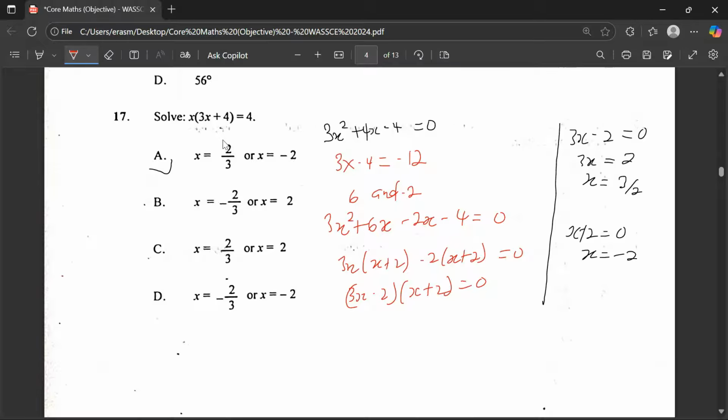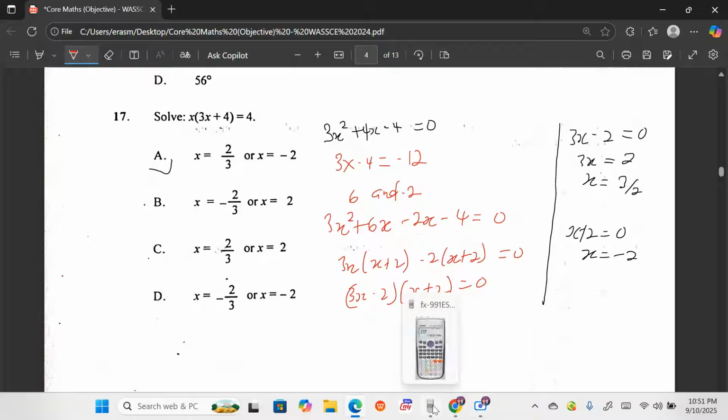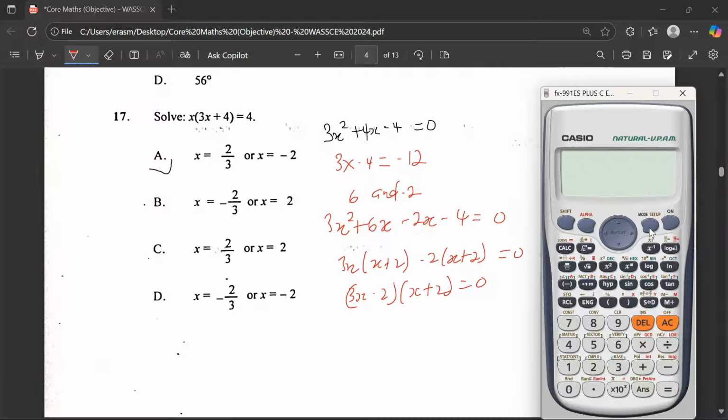Then we are going to send 4 to this side, and then it's going to be negative 4, and this equals 0, right? Now we are going to pick a calculator and then go to mode, then select 5, which is equation, and then we are going to select option 3.